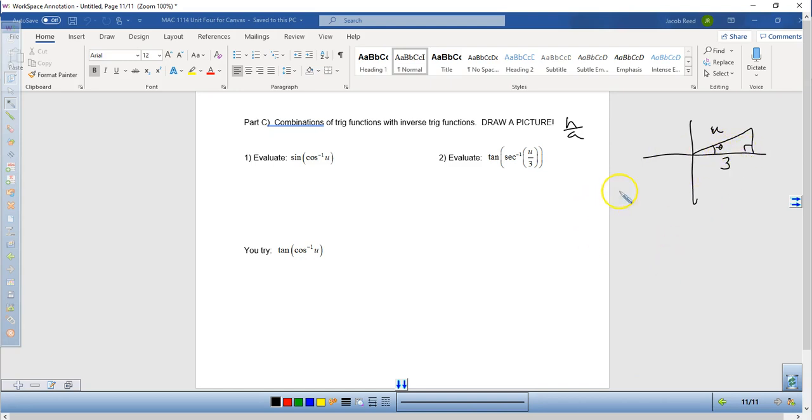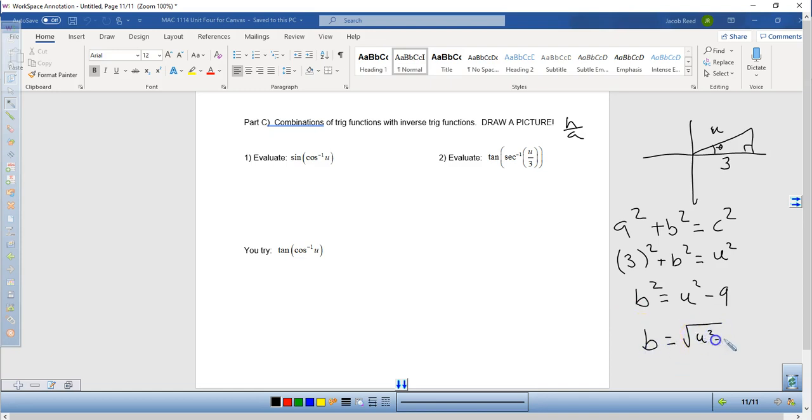Pythagorean theorem again. So I know that I have 3 squared plus b squared equals u squared. So b squared is equal to u squared minus 9. So b is equal to the root of u squared minus 9.